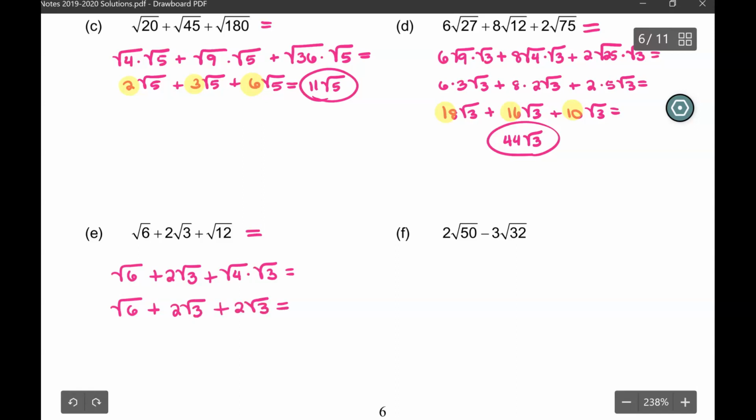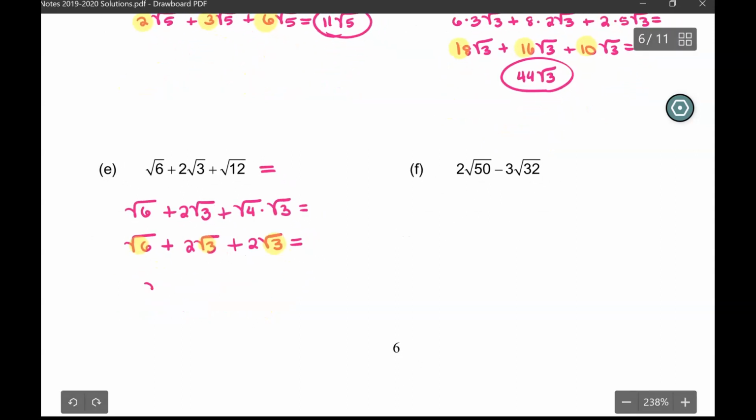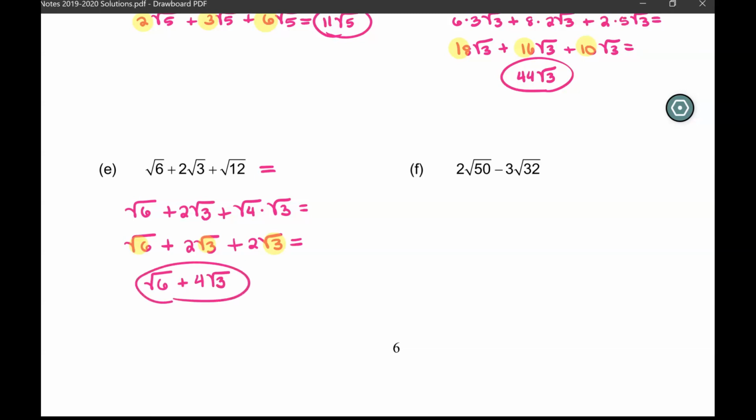Now you'll notice here, 2 of them have a square root of 3, but this has a square root of 6. So the one that has the square root of 6, there's nothing I can do with it. I'm just going to leave that the way it is. So square root of 6, and then I can combine the 2 root 3 plus the 2 root 3, which will be 4 root 3. Okay, and we leave it like that. We don't need to do anything else.